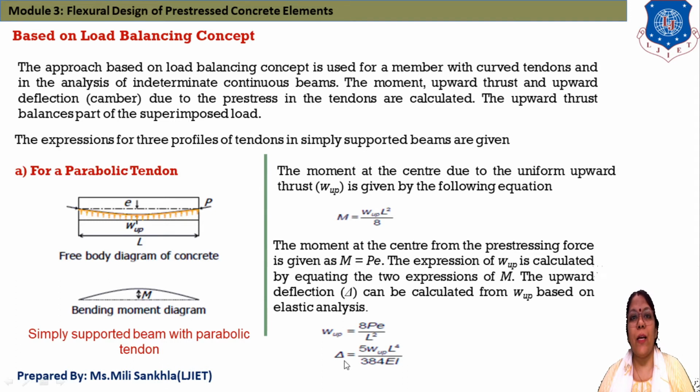And deflection at center point for this simply supported beam subjected to UDL load is equal to 5 by 384 W_UP L to the power 4 by EI. When we find moment, load and deflection for this parabolic tendon, we use these equations. This is the load balancing concept for prestressing member.